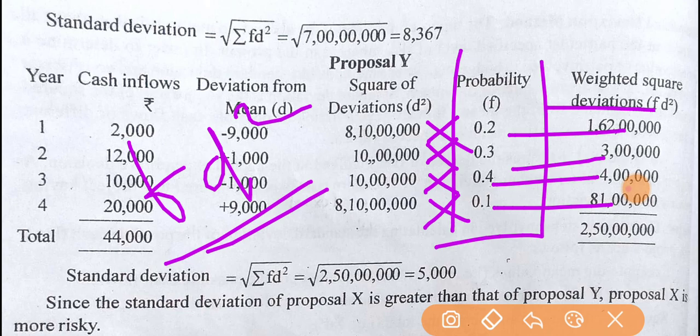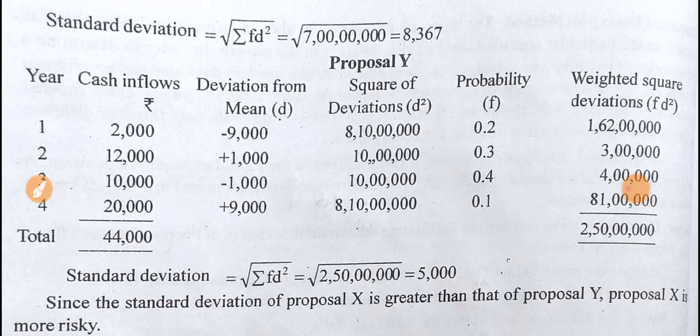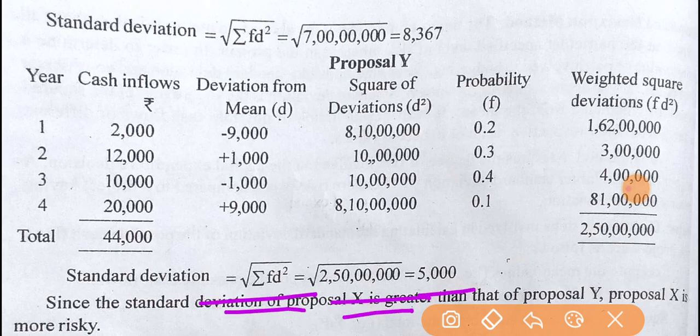Then we add all the weighted square deviations to find the sum or total value. Once we have the total of weighted square deviation, we apply it in the equation. What was the equation? You know, sigma FD square. Then you will get 5,000 here. I think it's clear for you.